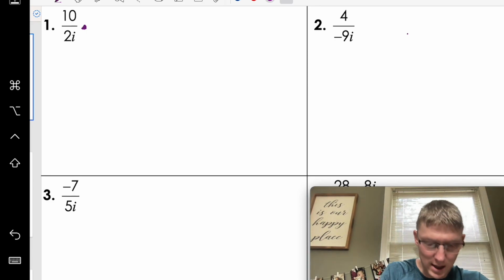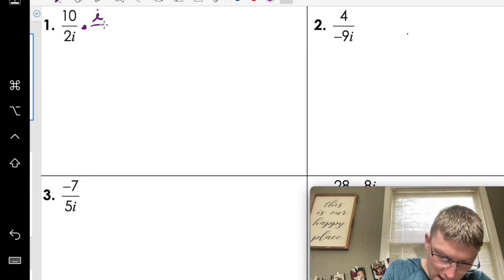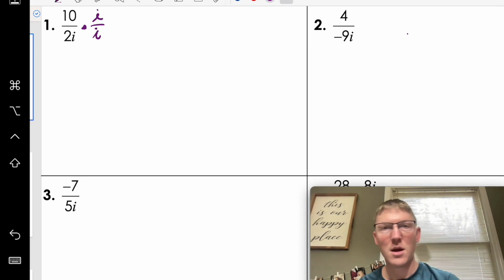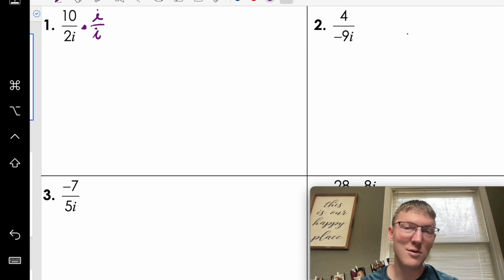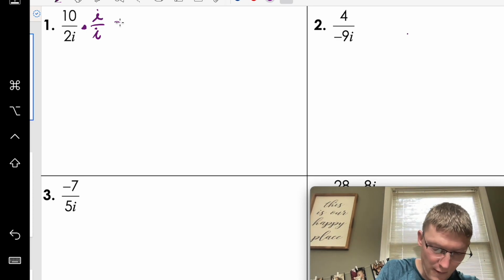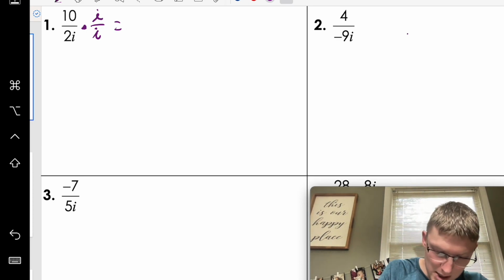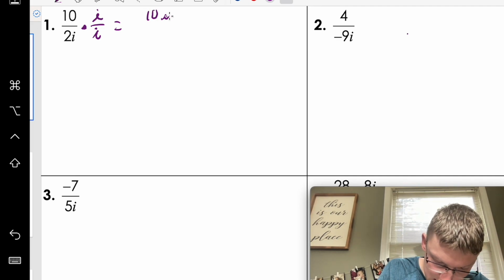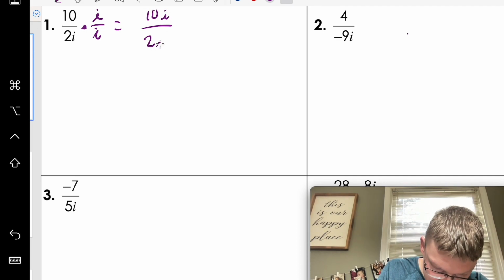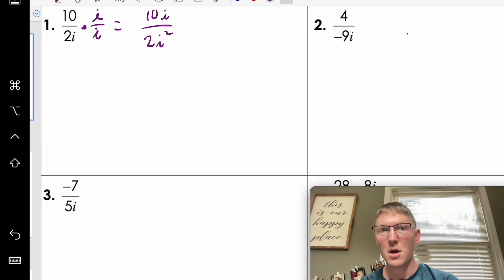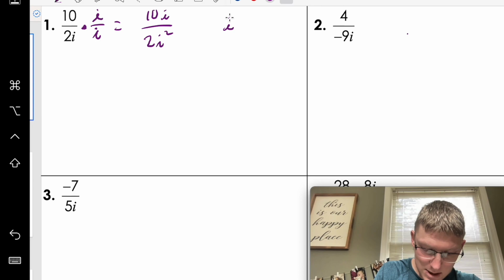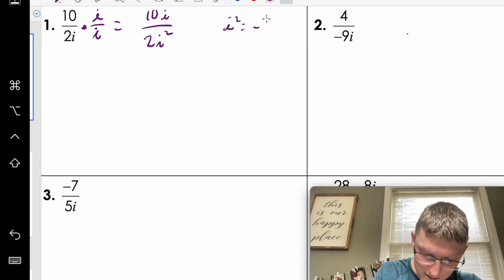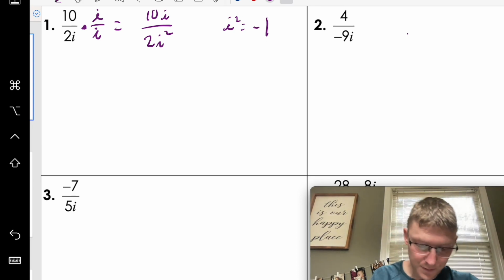So we're going to pick i over i. And then we're multiplying. That's the easy one. So we multiply across the top. You multiply across the bottom. And so now we have 10i over 2i squared. And still, I hope that you remember that i squared is the same as -1.